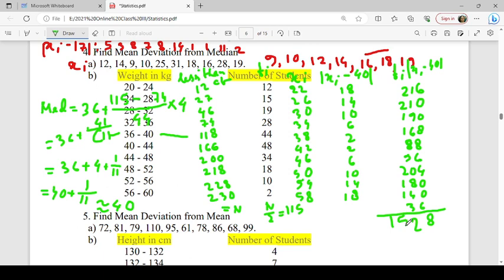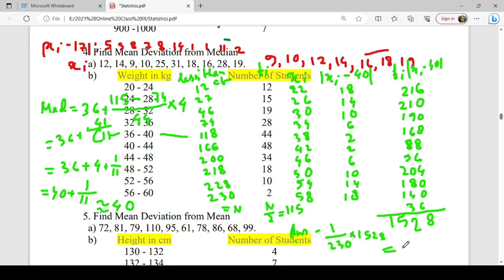So 1528. So mean deviation, also our answer is 1 by n. N is 230 and into this sum into 1528. Simplify it, and you'll have this answer value.